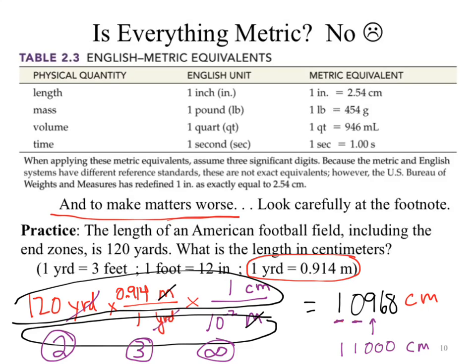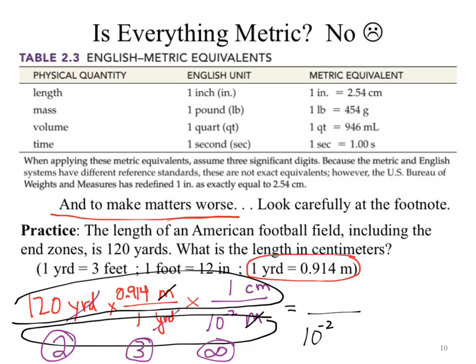So if we're going to break it down mathematically, how I would enter it into the calculator, we would get 10 to the negative 2 on the bottom. Can anybody do this real quickly for me? 120 times 0.914. What was it? 109.68.